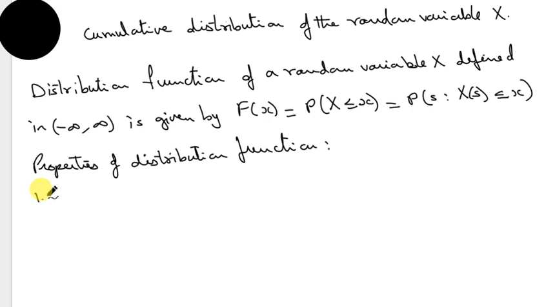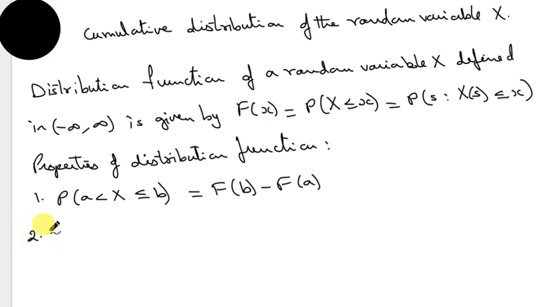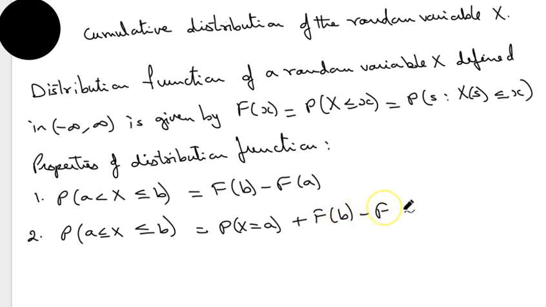The first and foremost property reads: probability of a strictly less than x less than or equal to b is nothing but F of b minus F of a. Second, probability of a less than or equal to x less than or equal to b is probability of x equal to a plus F of b minus F of a.